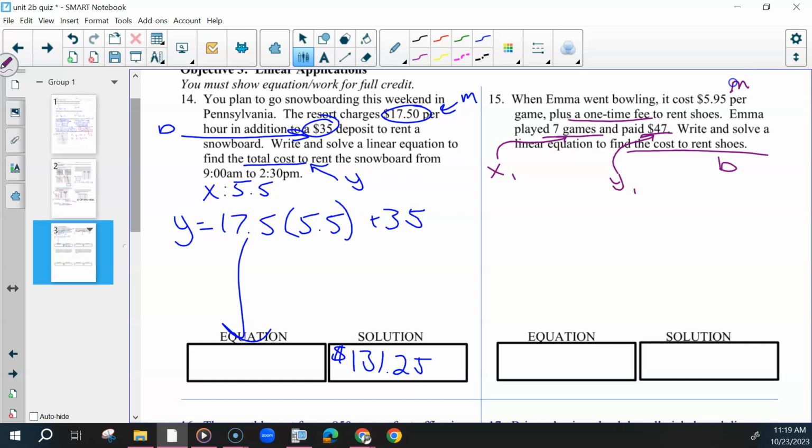Some of you solved this using your slope-intercept form, which works, but I need to see you use the point slope. So this should have been Y minus 47 equals 595 times X minus 7.